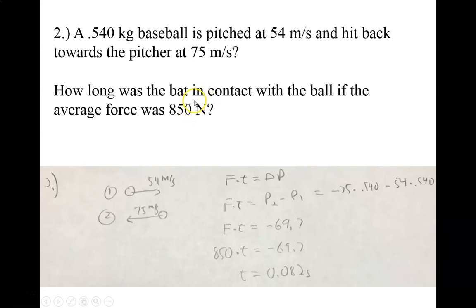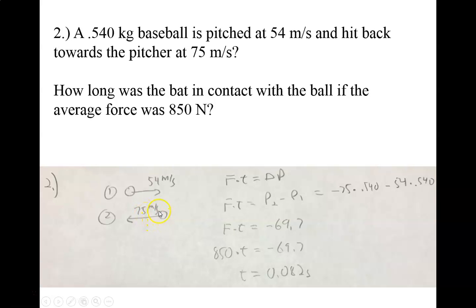Given the unit we're in, we're talking about forces, and we're asking about time. So there's a good bet we're going to use F delta T, or FT, you can leave off the delta. Force times time equals delta P. So if I know the delta P, I know force times time. So we want to solve that first.